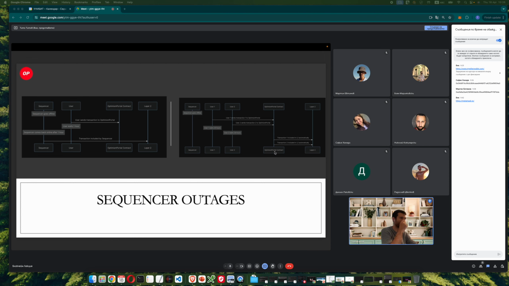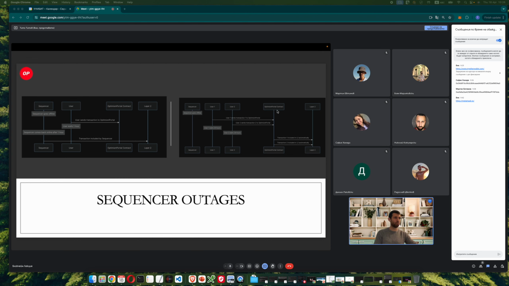And after 24 hours, transaction 1 is included in layer 2 automatically, and transaction 2 is included in layer 2 automatically. So, of course, if the sequencer is not working, there will be significant delays. And you experience some delays. But at the end of the day, even if the sequencer is not working, the transactions on layer 2 could still be done and executed.